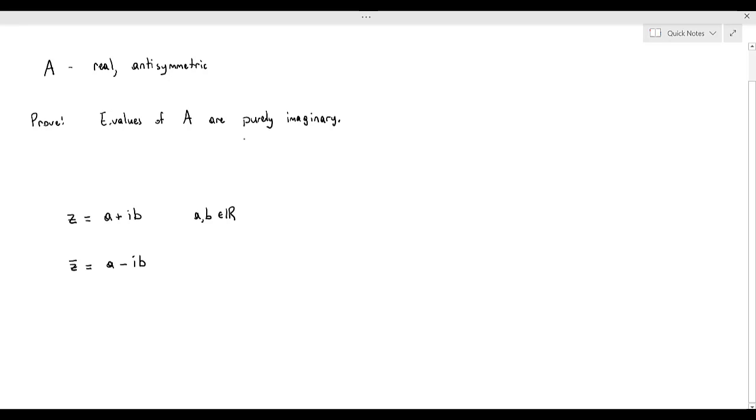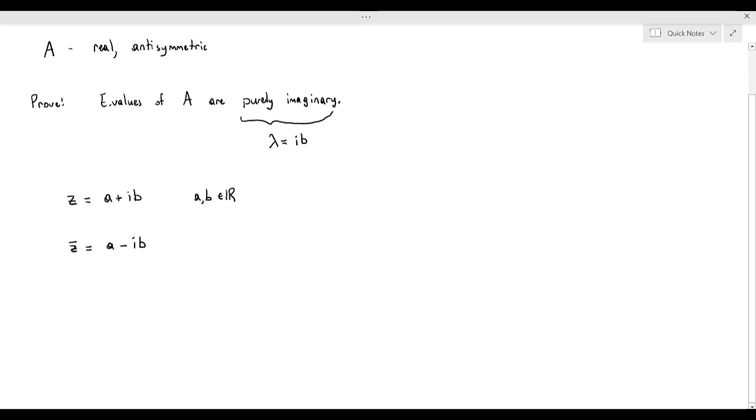Now, a purely imaginary complex number would be a complex number of the form IB. So in other words, the A would be 0, and it would just be I times some real number. That's what a purely imaginary number is. Okay. Now, we also want to consider complex vectors for this problem.